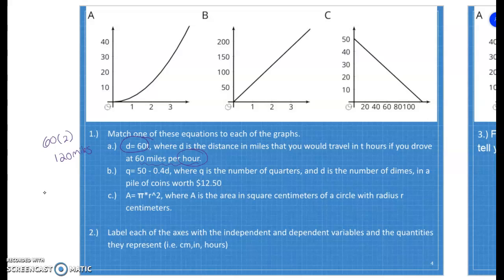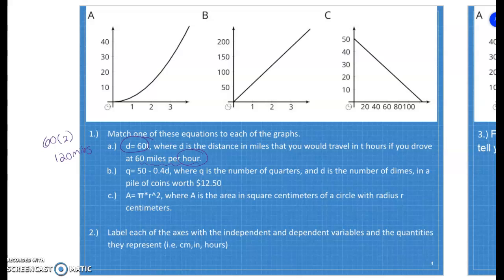So I start at 1 and go up, and here's where my graph is. Is that 60? No, it's less than 10. I know this cannot be matched to A because 60 would be all the way up there. So A is not the option for the first word problem.